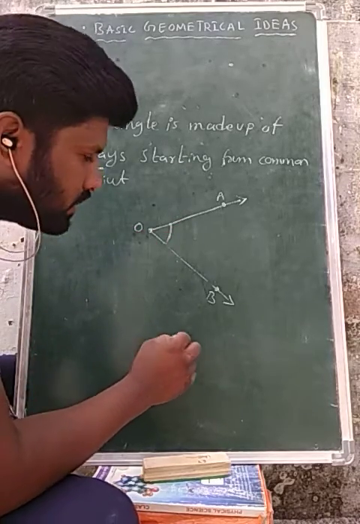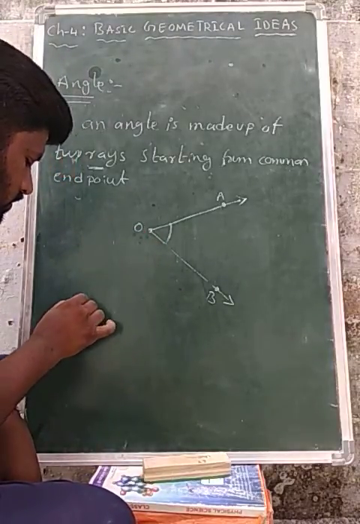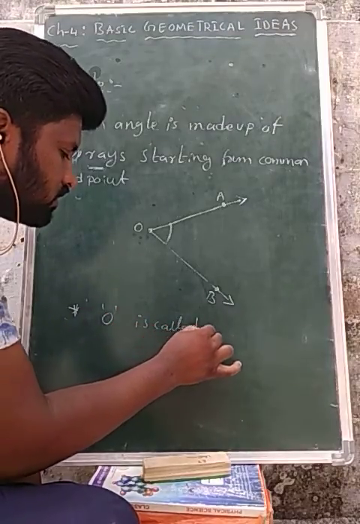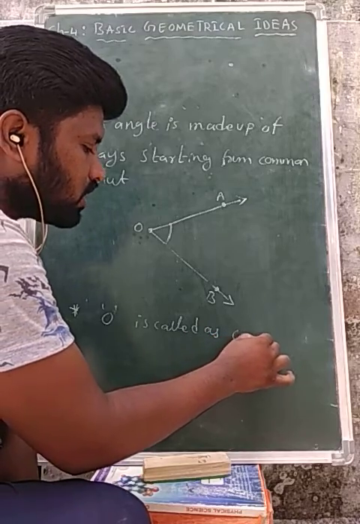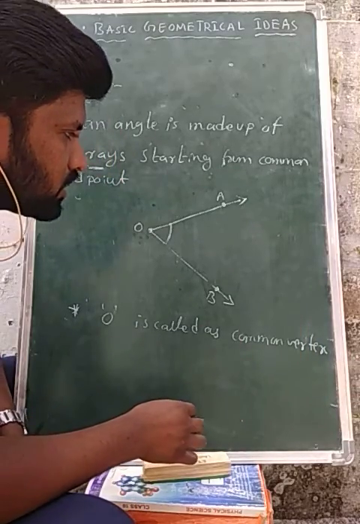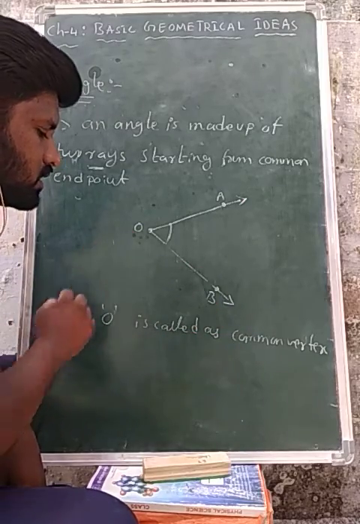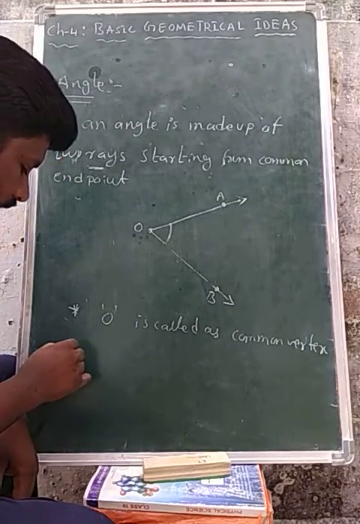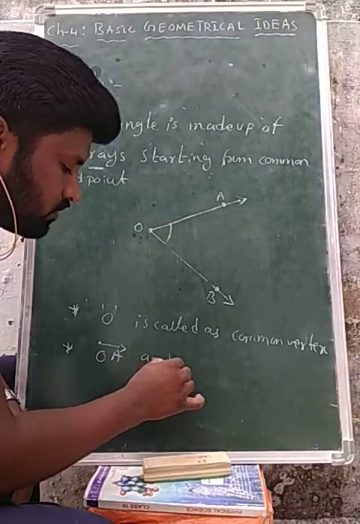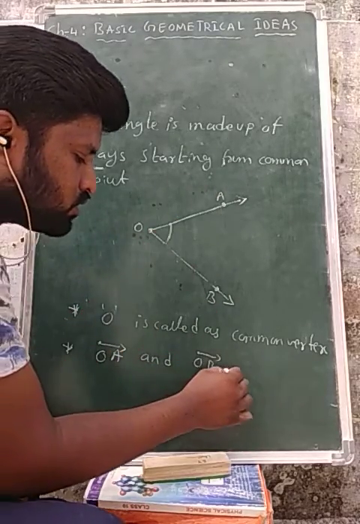Now here we call O as what? O is called the common vertex. The common vertex to ray OA and ray OB is O. And OA and OB, these two are called what?